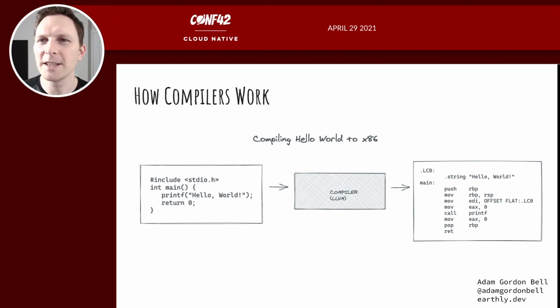I'm going to compile it to x86, and my x86 ends up being like this code we see here on the right, which is x86 assembly. This is the assembly code for what will be executed when you run this program. Assembly code maps basically one-to-one to machine code, which is binary, which we're not showing here because it's much harder to read. But the machine code is what actually is executed on your CPU. It's what your CPU architecture understands.